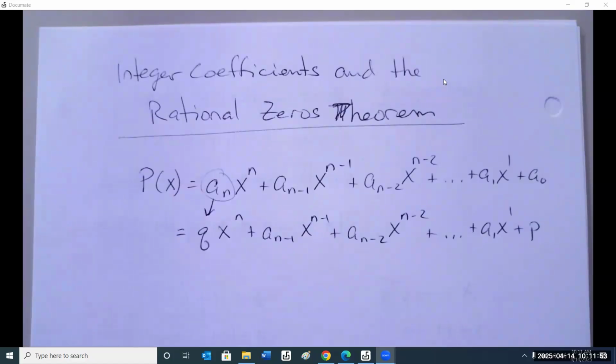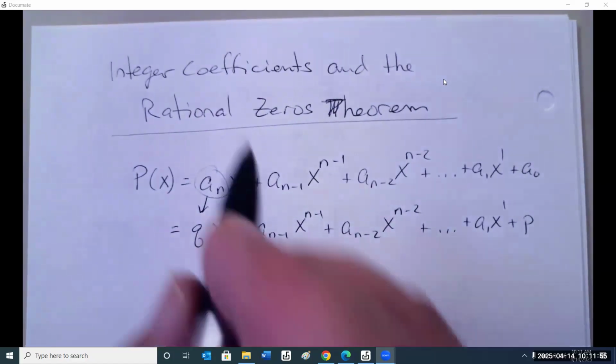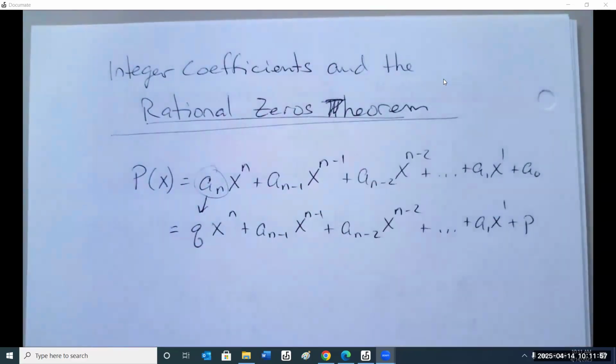What we're going to look for here is this. The reason it's called the rational zero theorem, it says this.